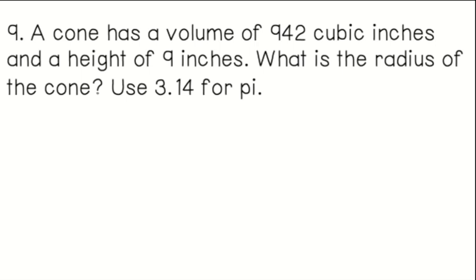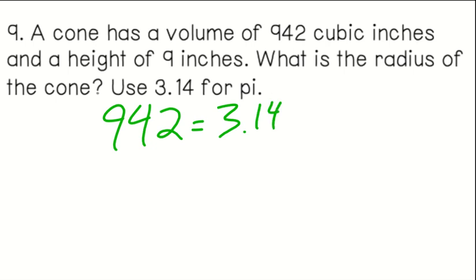All right, so you remember yesterday I showed you one, maybe two, where we had to find the radius, right? Going backwards. So same idea here. Our volume equals pi times radius times height divided by 3.